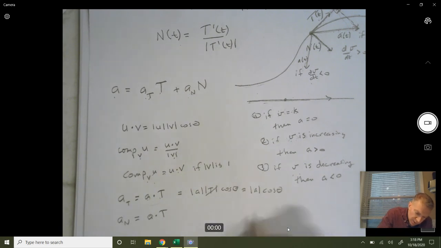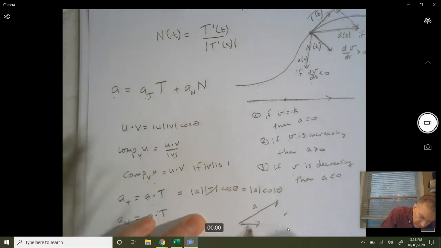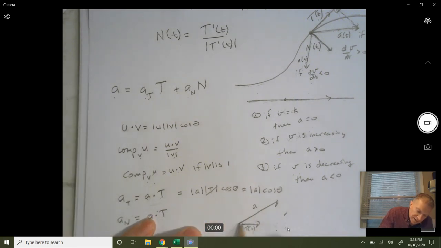When you think about your acceleration vector and you're breaking that down into a component that's in the direction of your unit tangent vector, remember the magnitude's 1. So that projection of a onto the unit tangent vector is going to equal this distance, which is your tangential component of acceleration.